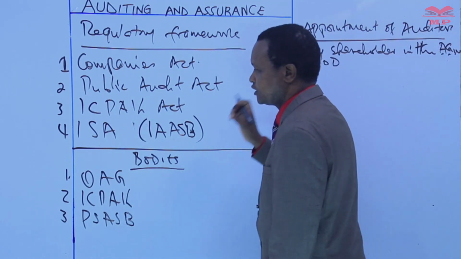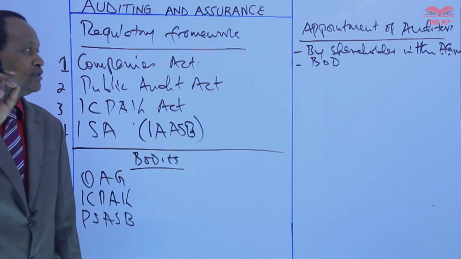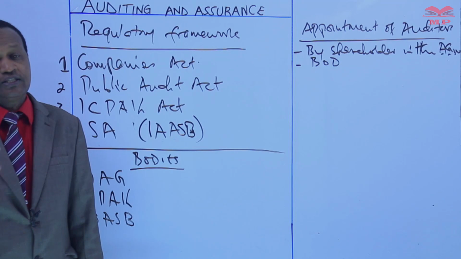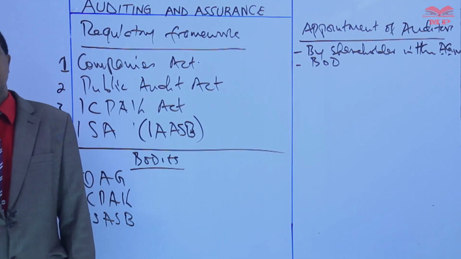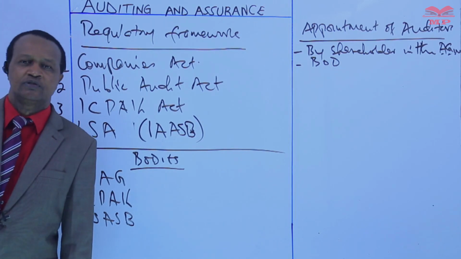So an auditor may be appointed by the shareholders or by the board of directors. Where it's appointed by the board of directors, then that has to be ratified in an annual general meeting. You understand?